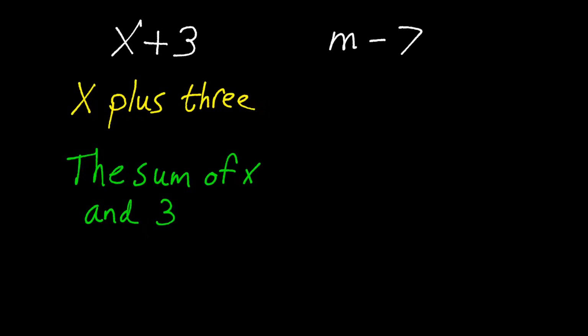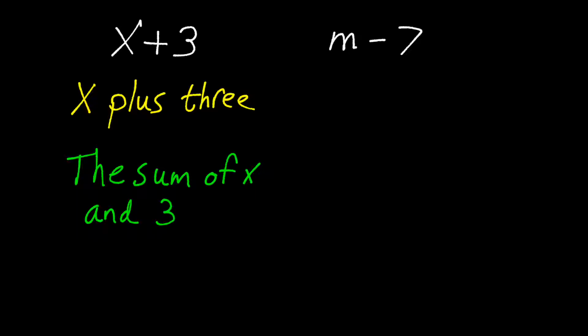And I wrote the number 3 there, but it could have been the word 3. That isn't as big of an issue. But we use the word sum because, remember, sum is part of an addition operation. That is the answer to an addition problem. So take a look at this one over here. Can you think of one or two ways on how you would write or translate this into words?